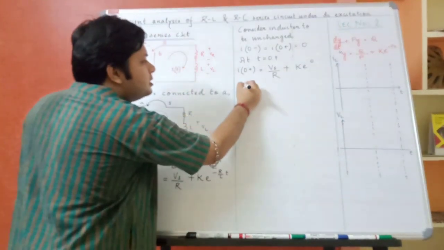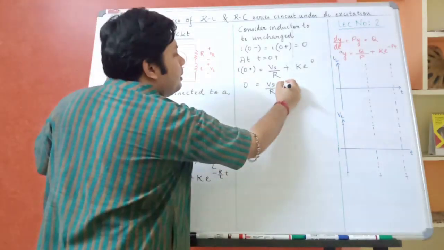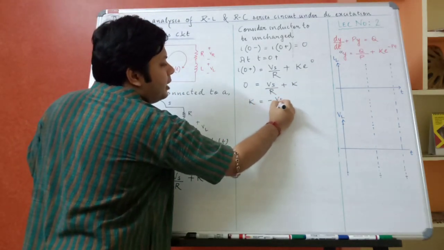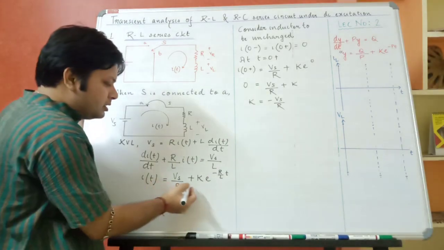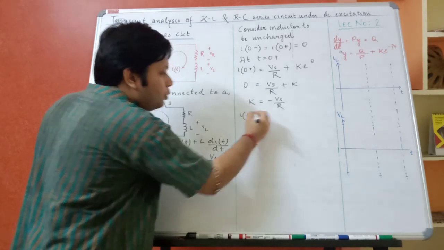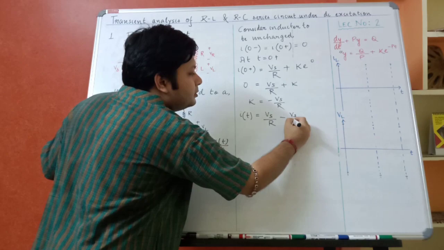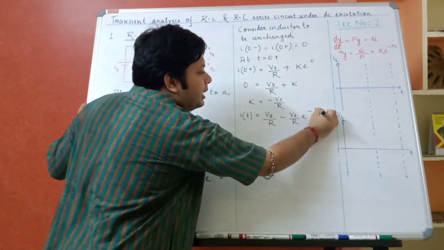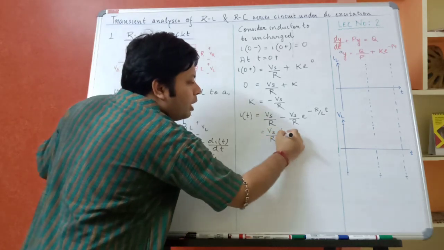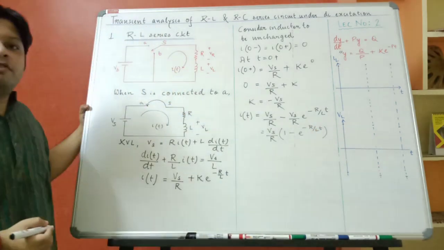So I 0 plus is 0 is equal to Vs by R. E to the power 0 is 1. So plus K, and K comes out to be minus Vs by R. So from here substitute the value of K over here. So IT is equal to Vs by R minus Vs by R e to the power minus R by L t. So you take Vs by R common, 1 minus e to the power minus R by L t. This will be your equation for IT.